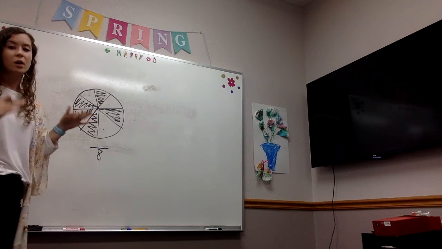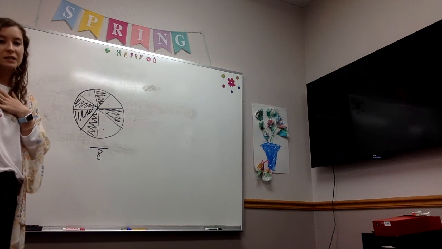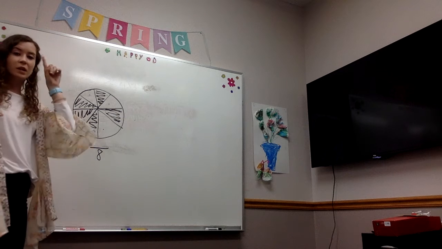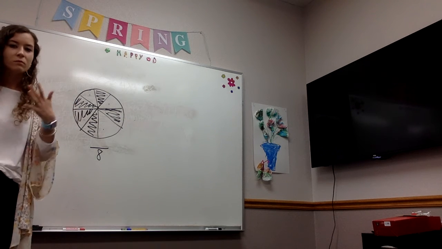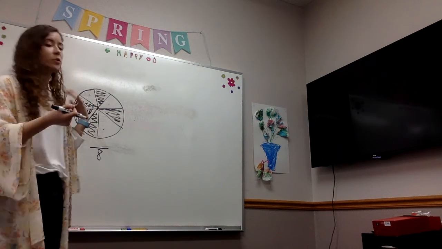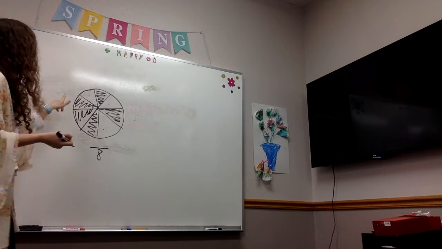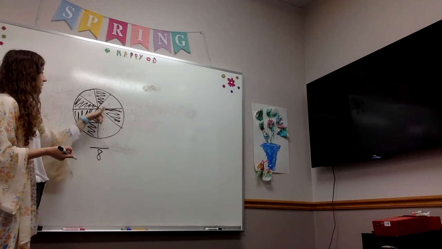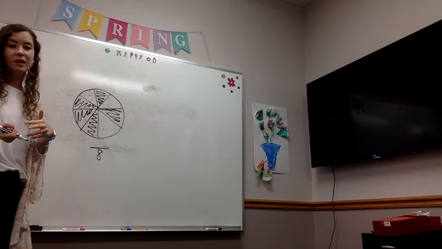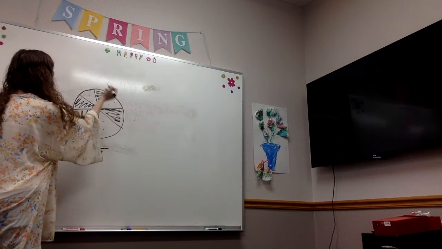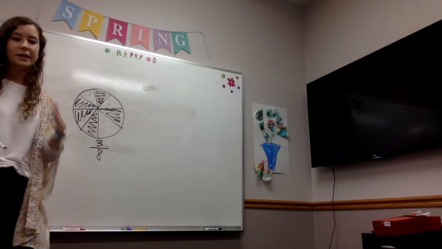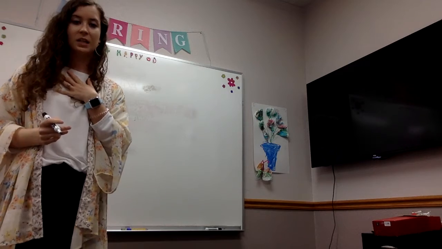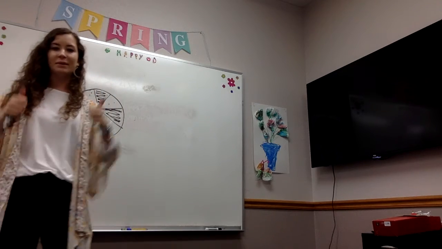So we know we've eaten 5/8 of the pie. So either you can think in your mind, okay, so 8 minus 5 gives me what? I know that's 3. But if you don't know that off the top of your head, you can go through and count the pieces of the pie that there's nothing eaten out of. So we have 1, 2, 3. So I know that 3/8 of the pie is going to come home with me, and I'm going to get to eat that. Is everybody doing okay with that?